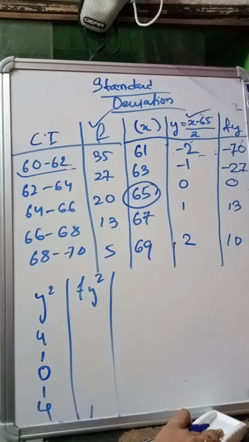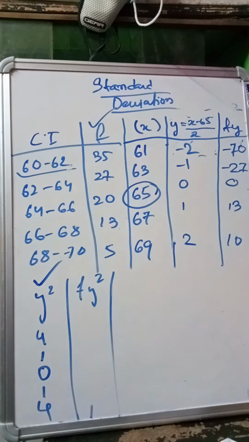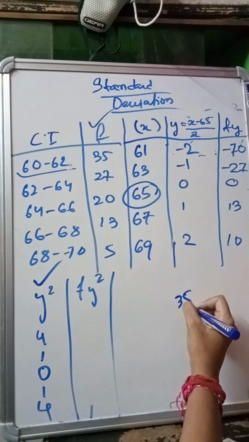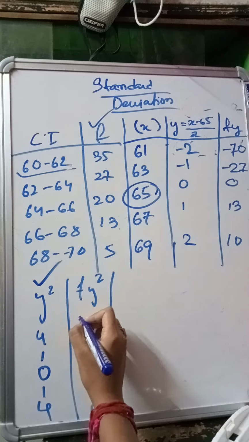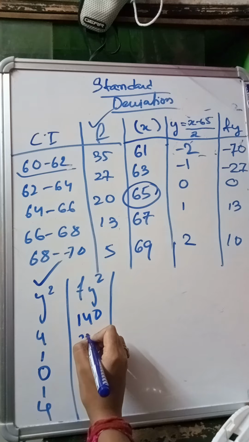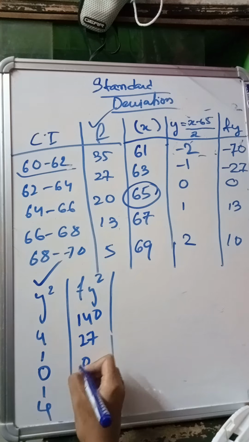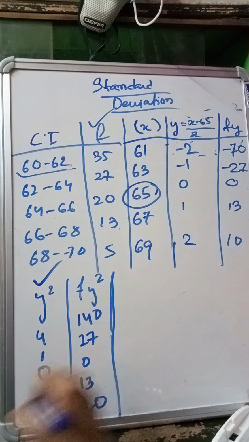So f y square will be 35 into 4, which is 140, then 27, then 0, then 13, then 20. Okay, so f y square is this.